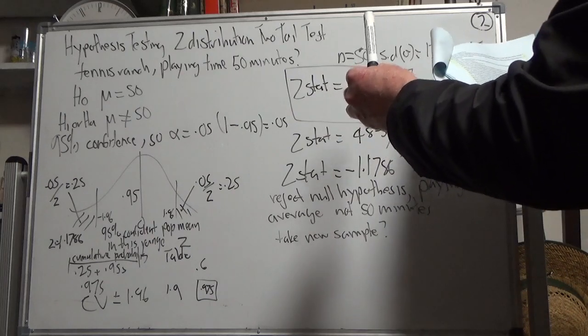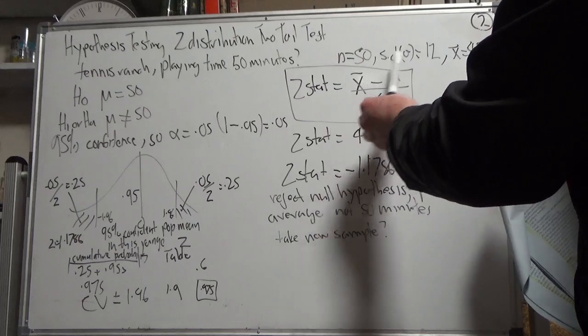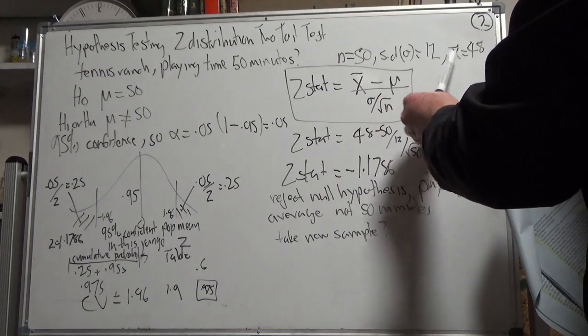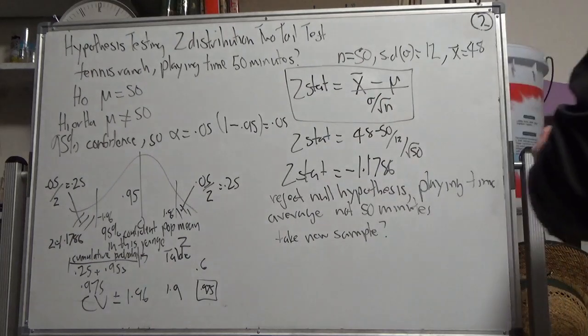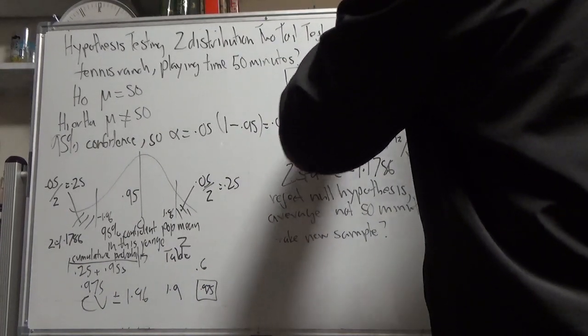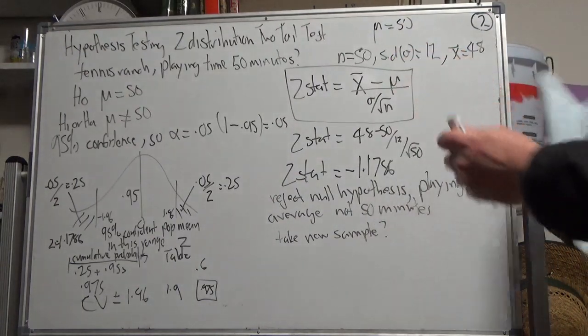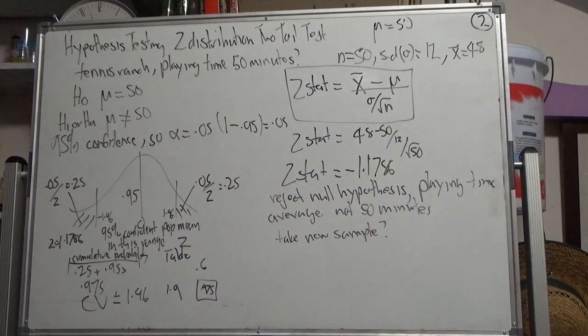50 people were interviewed in the survey, and the sample mean is 48, mu is 50, and standard deviation is 12. Okay, so now we're going to calculate the Z statistic.